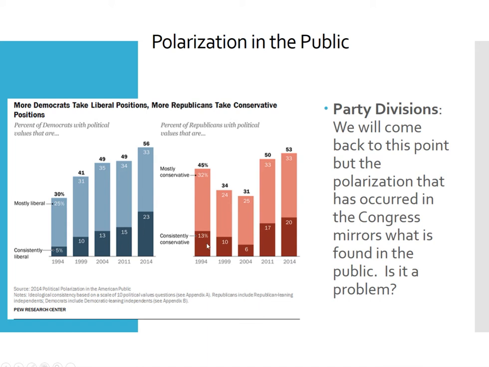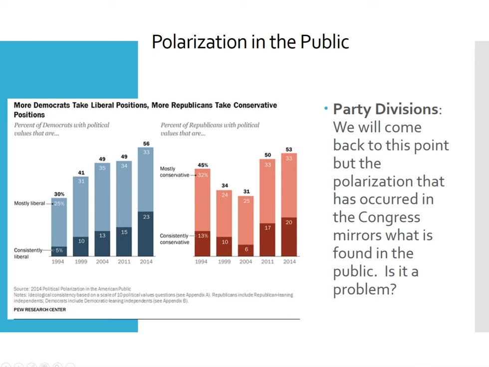And Republicans are becoming more ideologically conservative. Although they dipped down a little bit here, it rebounded by 2014 when you compare 2014 to 1997. Again, more mostly conservative, of course, consistently conservative.